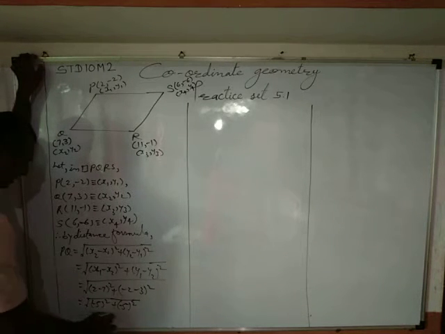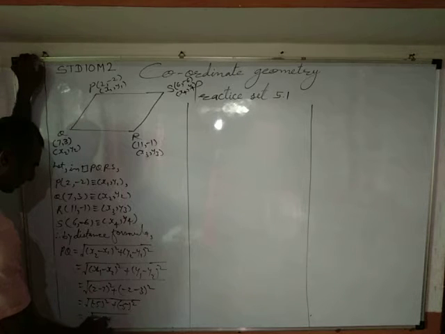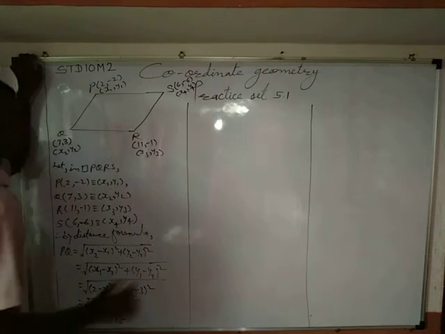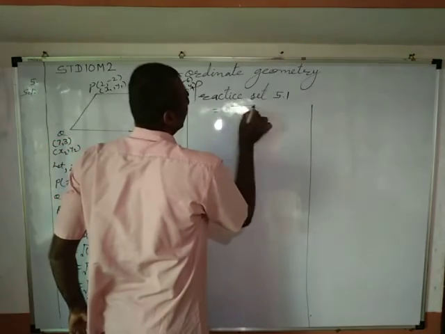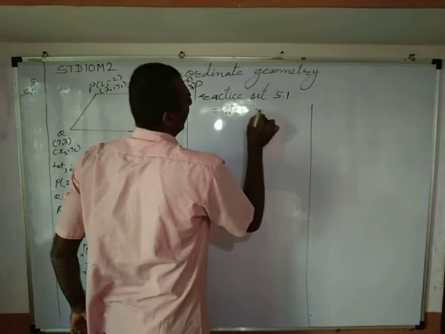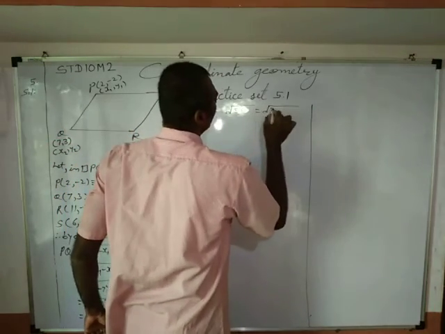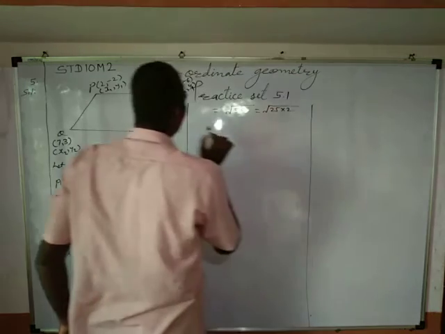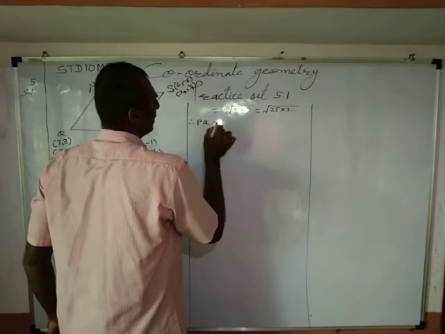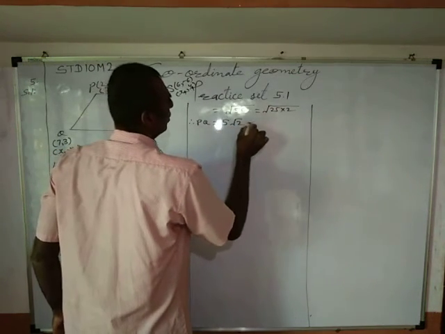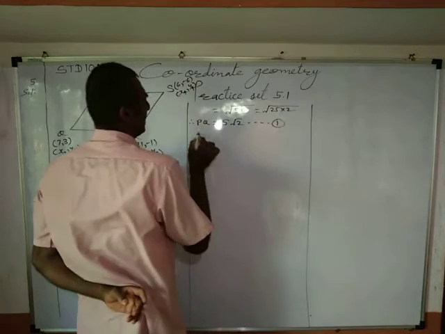It should be under root of minus 5 square plus minus 5 square, equals under root 25 plus 25, equals under root 50, and under root 50 means under root 25 into 2. Therefore, PQ equals 5 root 2, equation first.